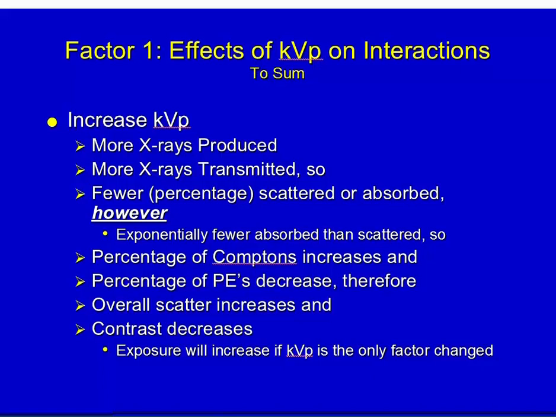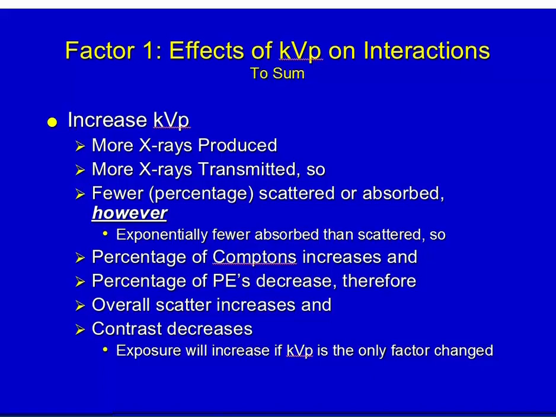So your exposure will increase if kVp is the only factor that's changed. If you're truly using your 15% rule and you increase your kVp by 15% and reduce your mass, cut it in half, then your image receptor exposure remains the same. If you decrease your kVp, all of this reverses.